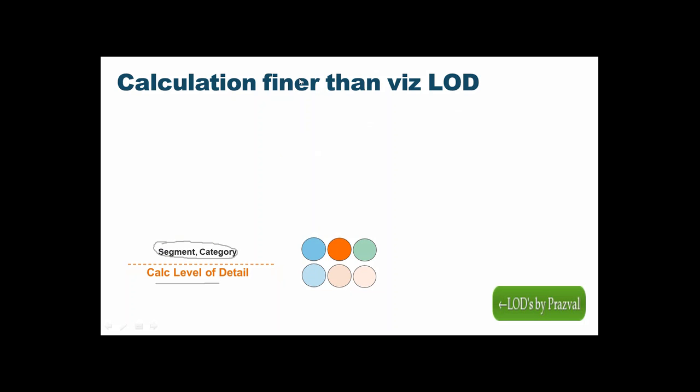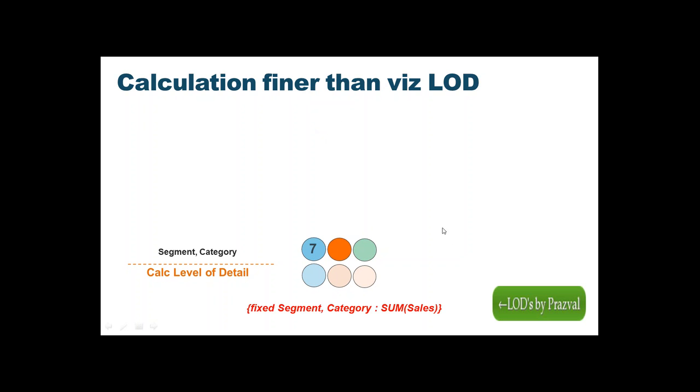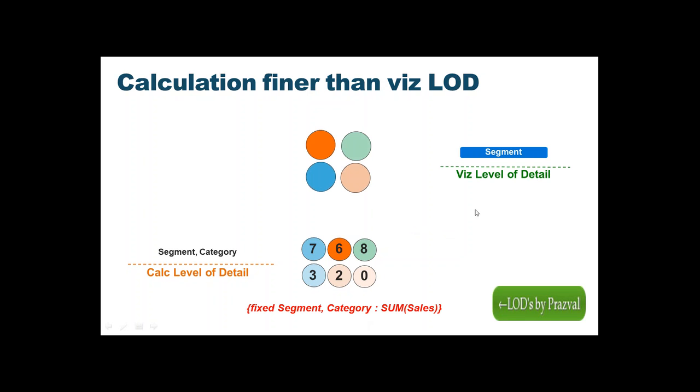It got structured, and I have the values like this, and my LOD expression is fixed segment comma category sum of sales.